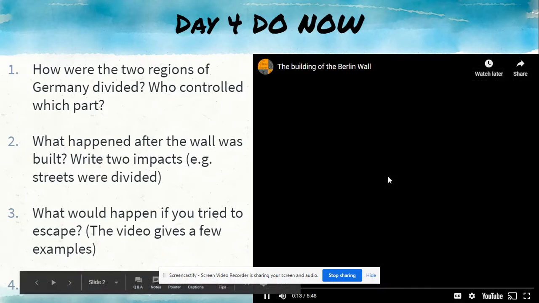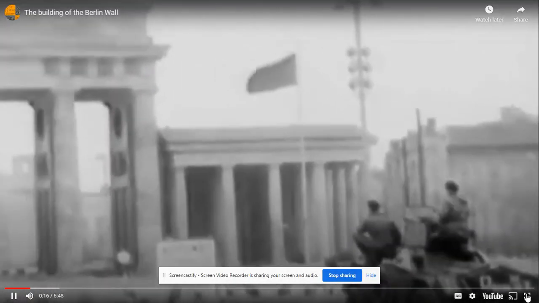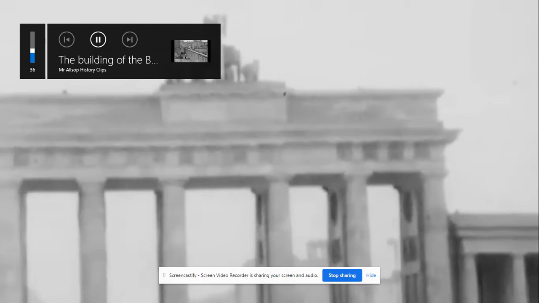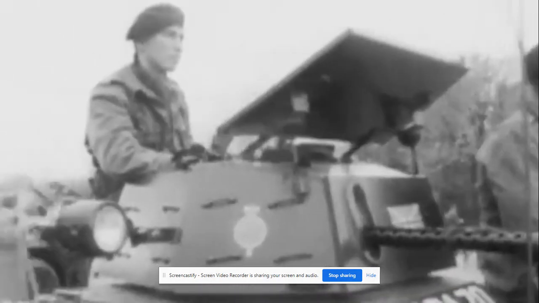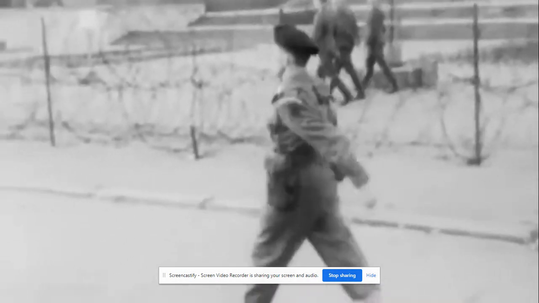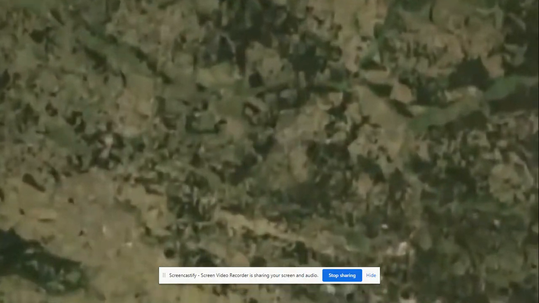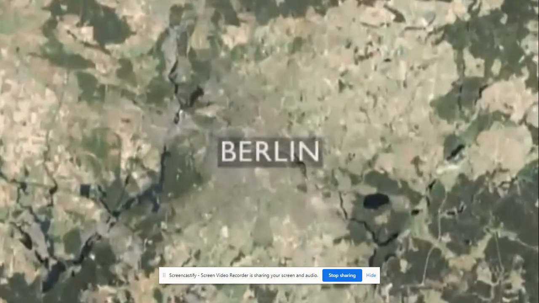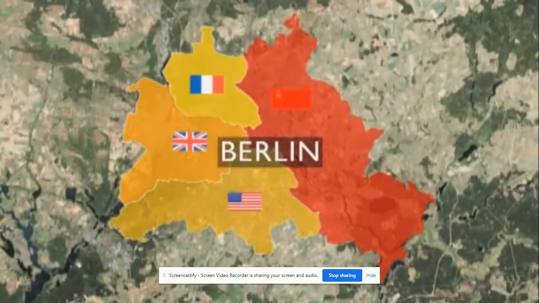Yep. Of the Second World War, this city became the front line for a different kind of war, the Cold War. For nearly 40 years, Europe was divided between the democracies of the West and the communist states of the East, and Berlin was where the 2 sides met. When Nazi Germany was defeated in 1945, Berlin was divided up into 4 parts by the Allied powers and the Soviet Union.